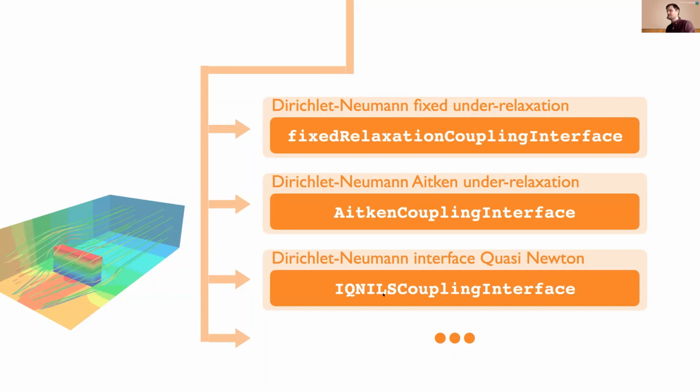However, based on experience, this particular implementation may not give the same behavior as, for example, preCICE. So I've seen some comparisons where the preCICE implementation is a bit better. But because this is open, we have the opportunity to look at the code and figure out how to fix it. But these are the coupling procedures implemented.